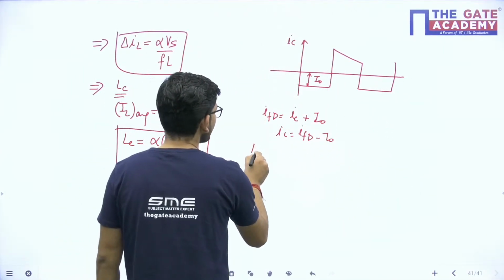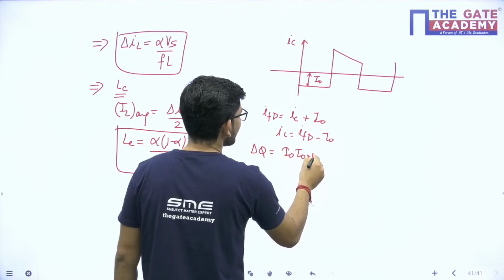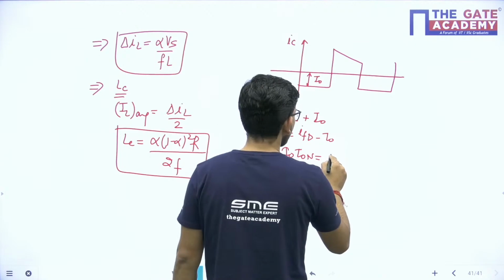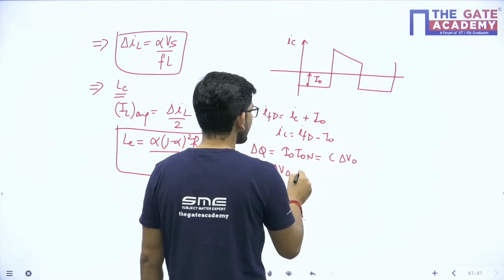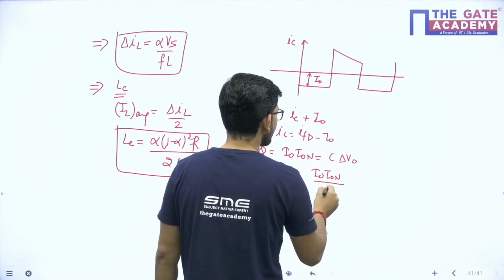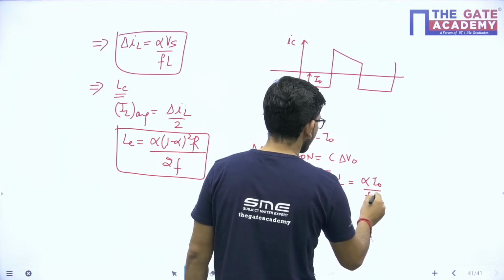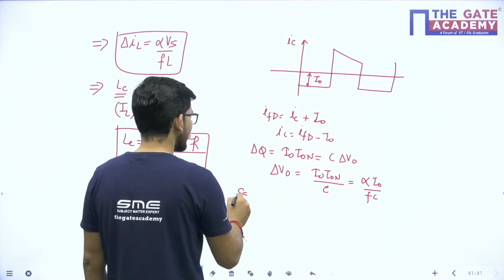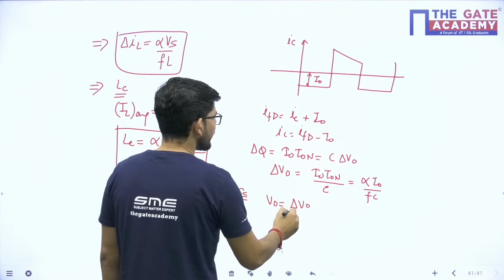Now what will be the del Q? Del Q will be I naught into T on, and this is also equal to C del V naught. So what will be the value of del V naught? Del V naught will be equal to I naught into T on upon C, or you may also write it as alpha I naught upon F C. For critical capacitance, V naught must be equal to del V naught by 2.